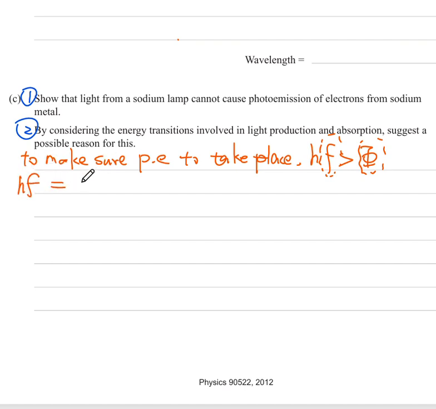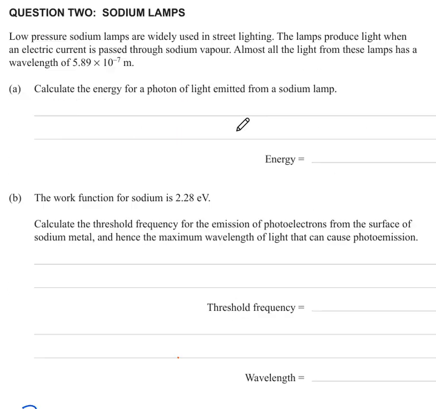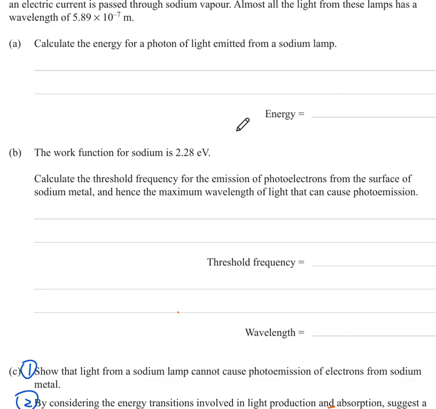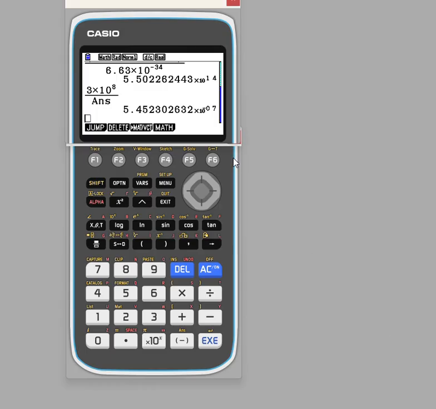It's going to be 6 times 10 to the power of, now remember, h is Planck's constant, times f. f is something we calculated in part A. Oh man, I already erased it. Let's check my calculator.